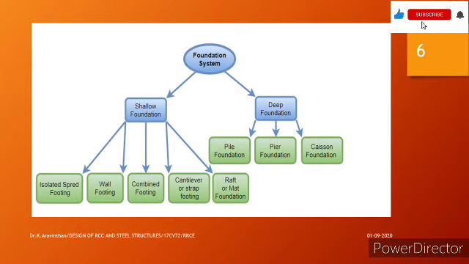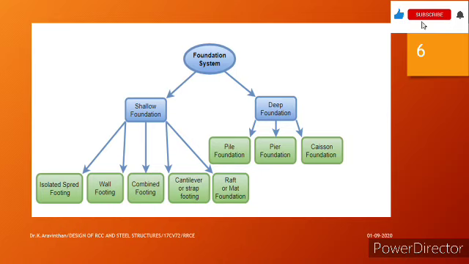So these are the different systems of foundation. The first one is shallow foundation and the second one is deep. Shallow foundation is further classified into isolated footing, wall footing, and the third one, combined footing.